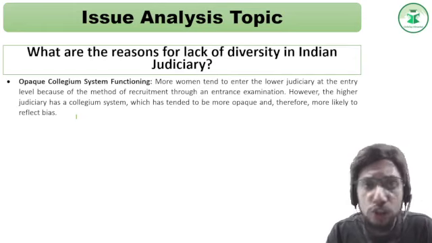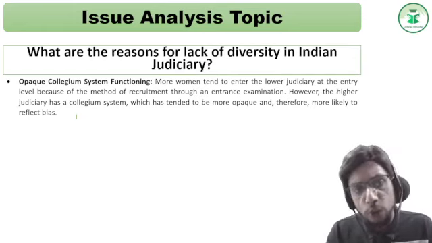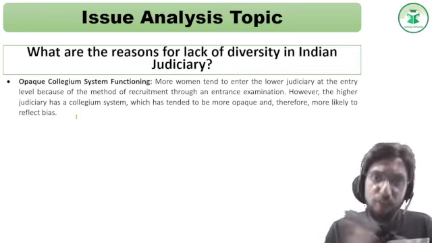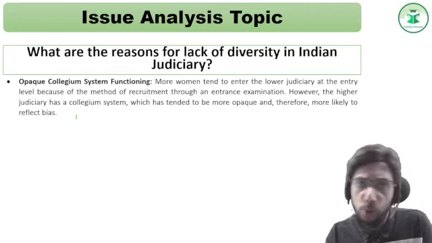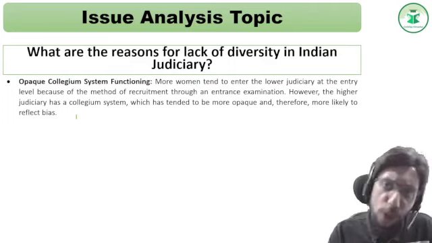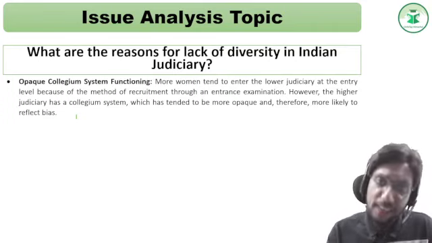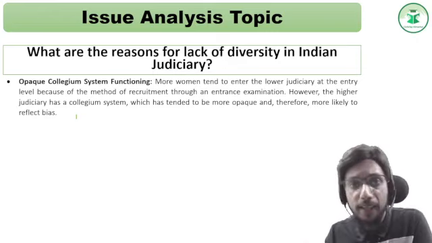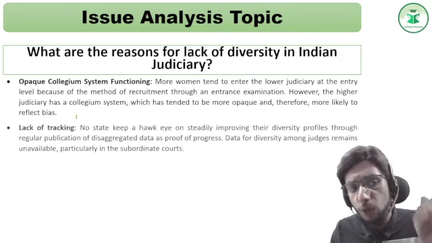We are not having those rationales available to us. We do not have that reasoning available to us. So the opaque collegium system, which does not give too many answers, which does not hold itself accountable to any outside questioning or to any outside spotlight, that system is to be blamed more than anything else. Because had the system wanted to have diversity, it could have done that long back, but the system never did that. So the first and foremost point becomes your opaque collegium system.